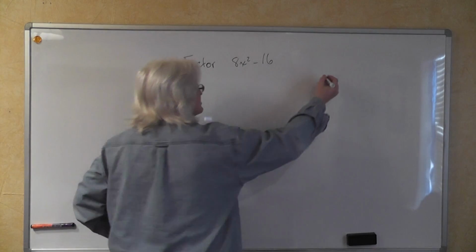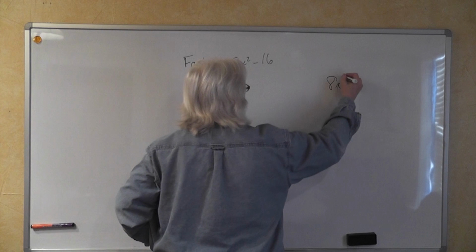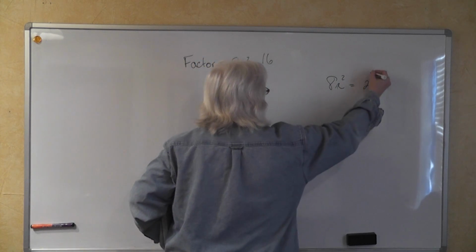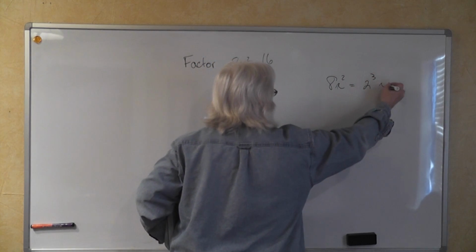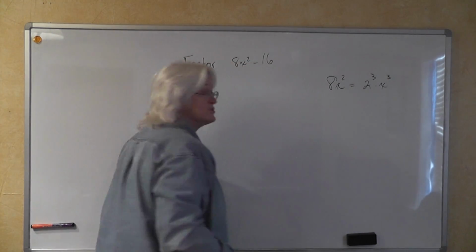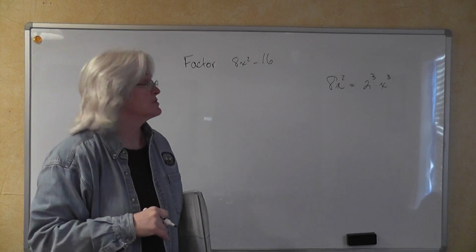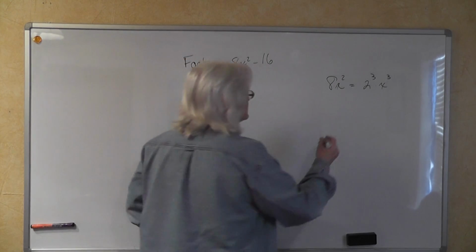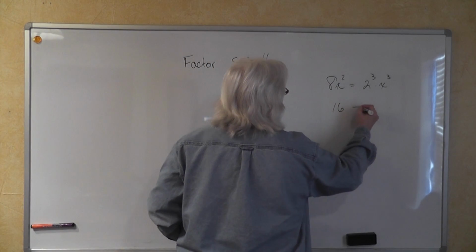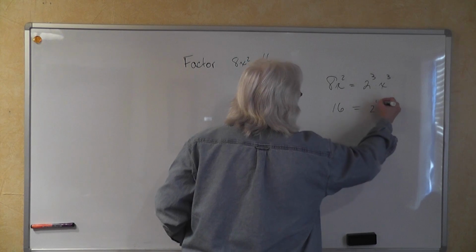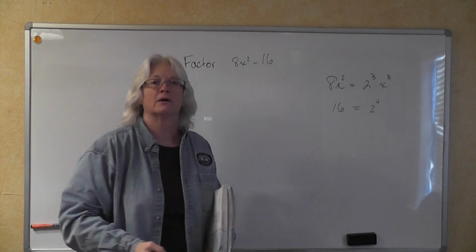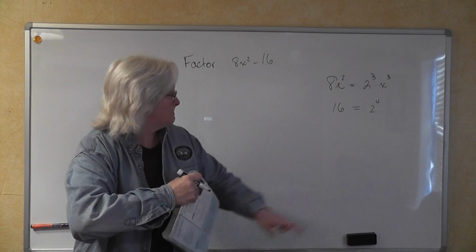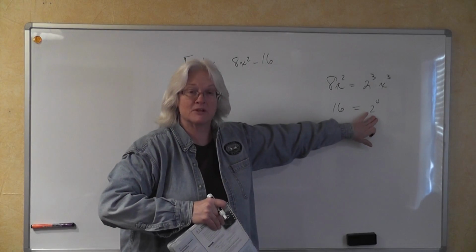Okay? The first term is 8x squared. So you know now that 8 is 2 cubed. If you don't, you can factor it out. 2 times 2 is 4 times 2 is 8. Now we want to factor 16. And you should also know that 16 is 2 to the 4th, written as a prime factor, product of primes only.